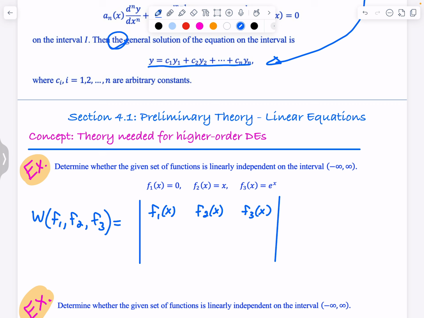So f1 derivative, f1 double derivative, so you do derivatives going down like that. f2 derivative, f2 double derivative, f3 derivative, f3 double derivative. I just didn't put the x's behind to really emphasize those primes.